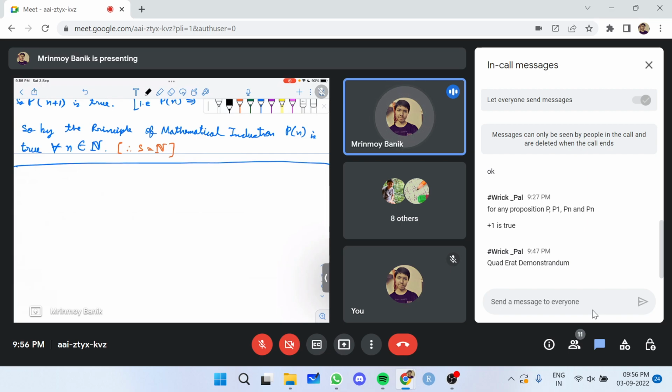You can try out several exercises. So I will give you a few exercises for home task. You can try out the cube one. So prove that, show the following using induction.